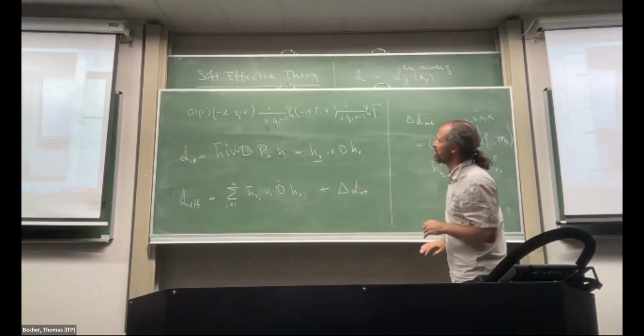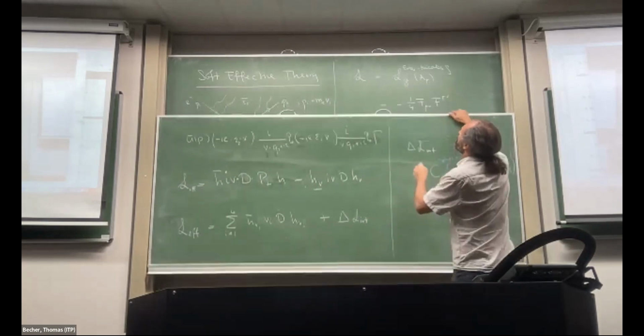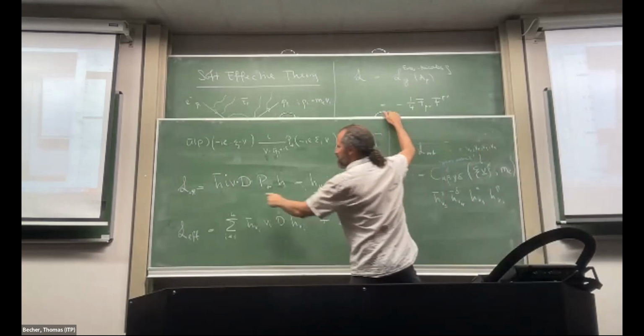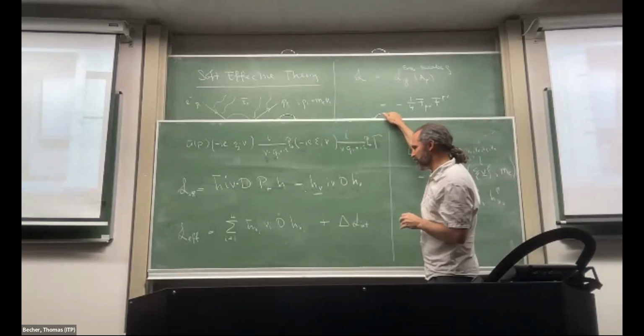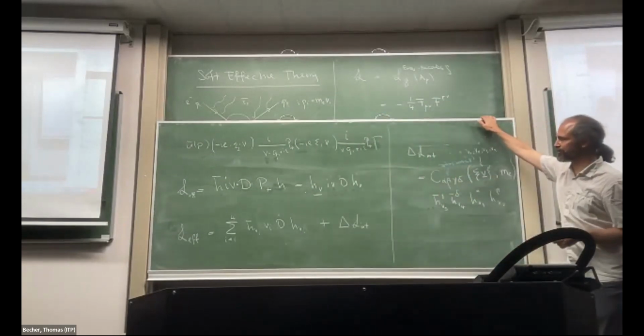And so now you have the effective theory. It's a free Lagrangian for photons, plus these kinetic terms for these non-relativistic fermions, plus an interaction term like this.